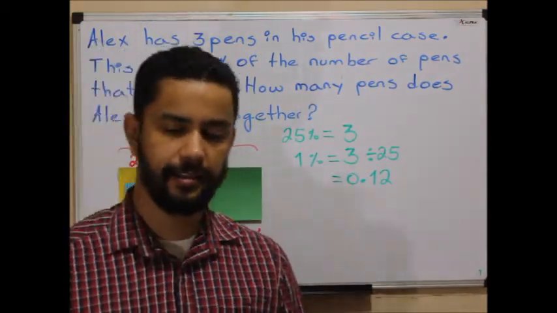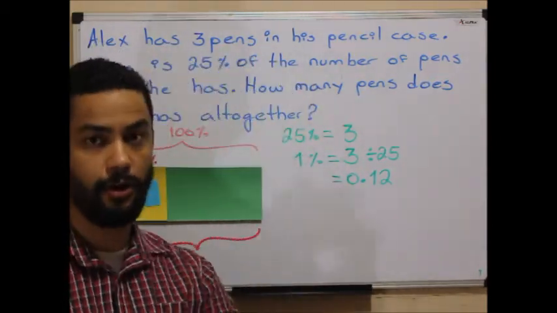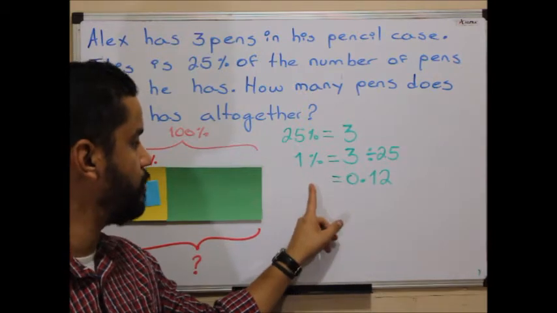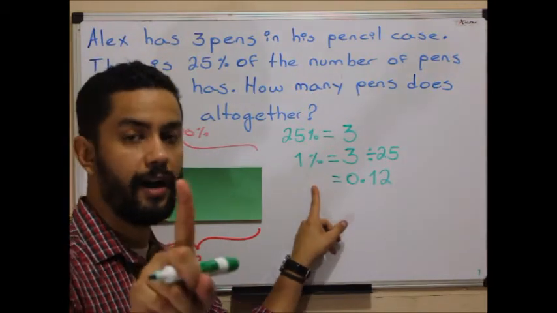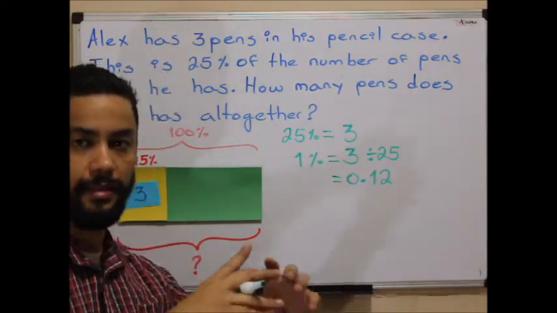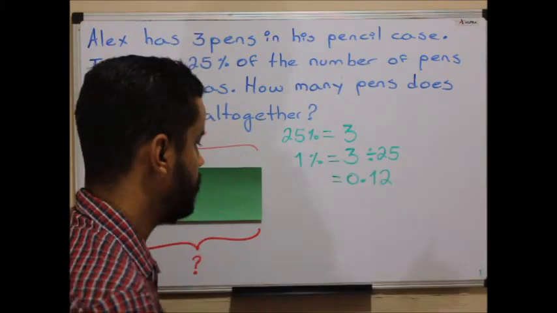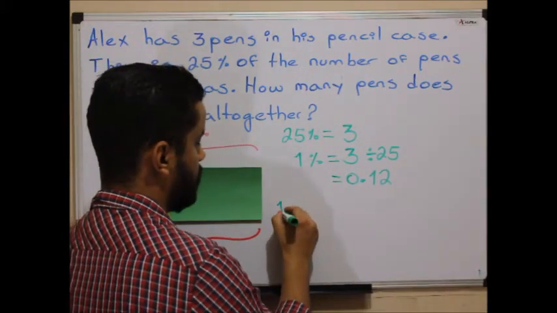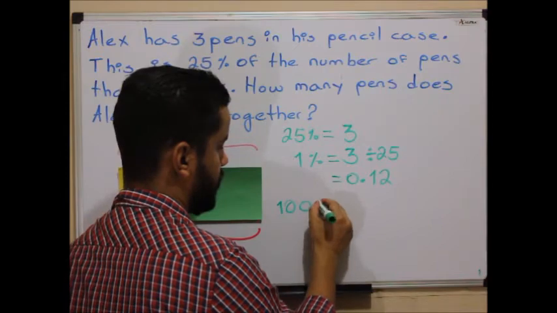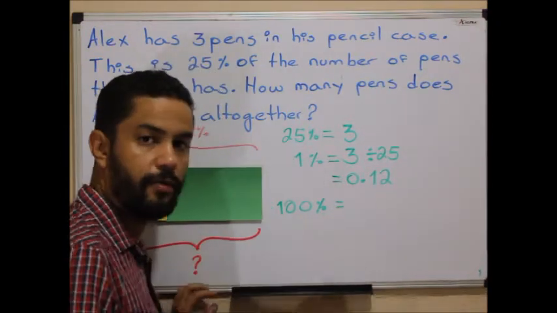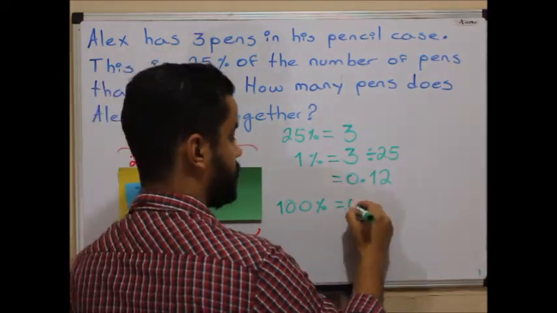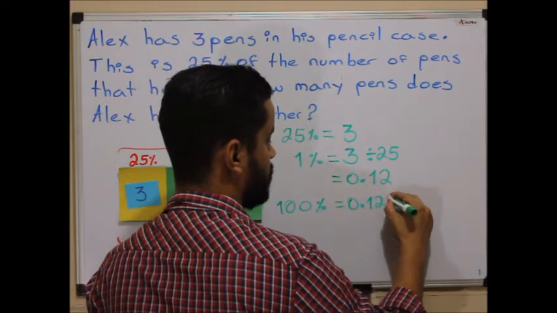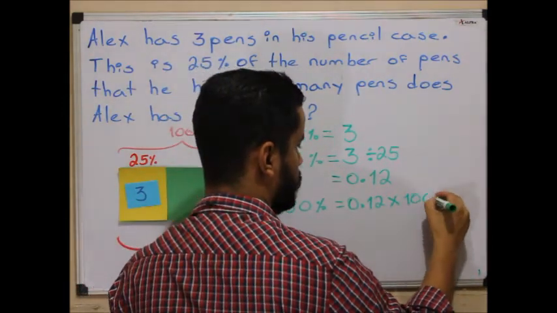Okay, the next step will be having our 100%, because we already found just one part and we need to find the 100th part. So 100% will be equal to 0.12 times 100.